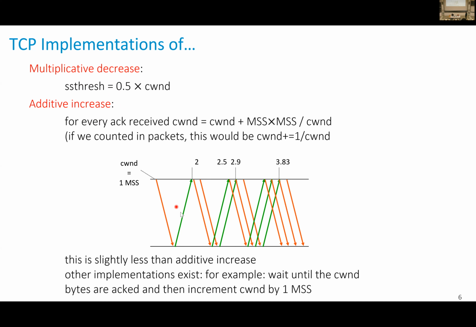Additive increase is not implemented exactly, at least in most versions of TCP. It is implemented by this heuristic given here: for every true acknowledgement of the ACK field in the TCP header, not a selective acknowledgement. Remember that in TCP, when we send a new value of the acknowledgement, that means we acknowledge everything up to that value.